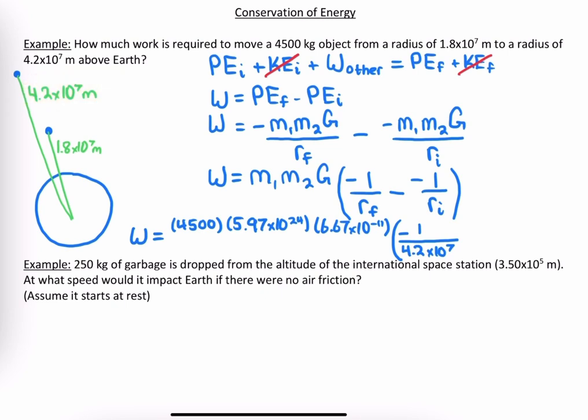And then, as I said before, when I'm subtracting a negative, that's the same as adding a positive. So I'm going to write this as plus 1 over r initial, 1.8 times 10 to the 7.